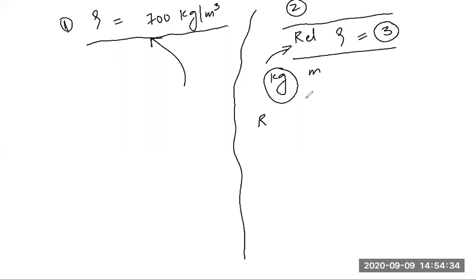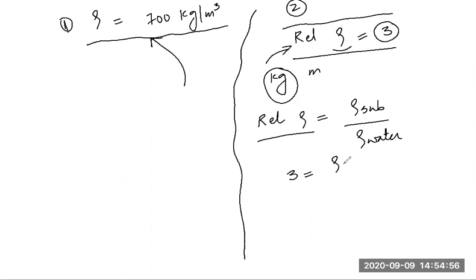One student is asking, what is the unit of relative density? See students, relative density does not have any unit, because relative density is equal to density of any substance divided by density of water. What is the density of water?